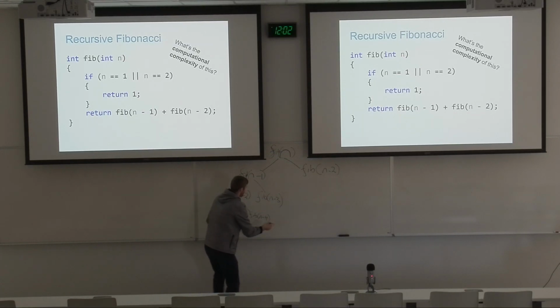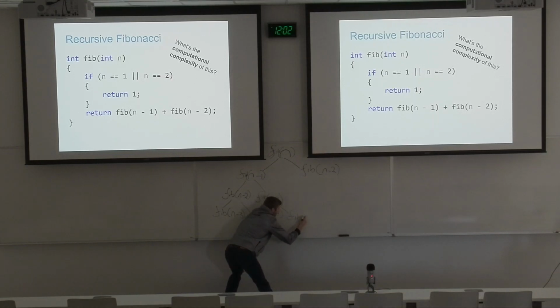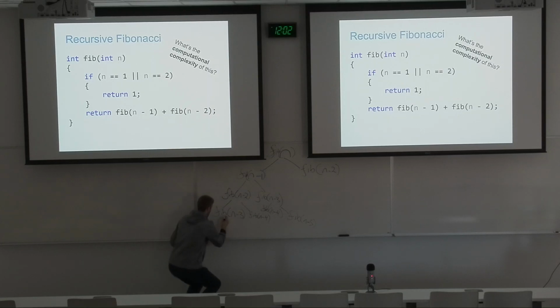And then here I need fib of n minus 4, and then here I need fib of n minus 5. But I gotta keep going. Over here I need fib of n minus 4, fib of n minus 5, and then over here, you see the problem? And then over here I'm not done.